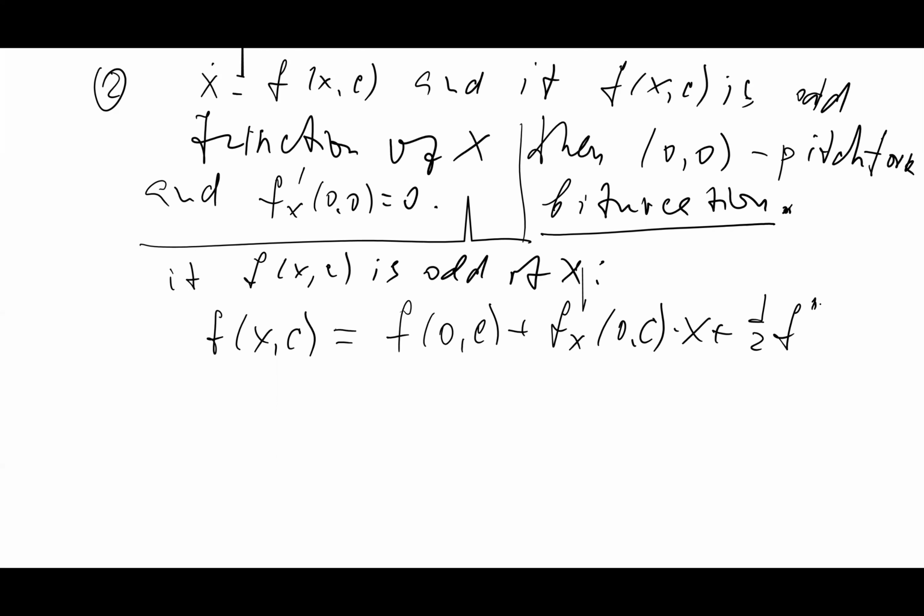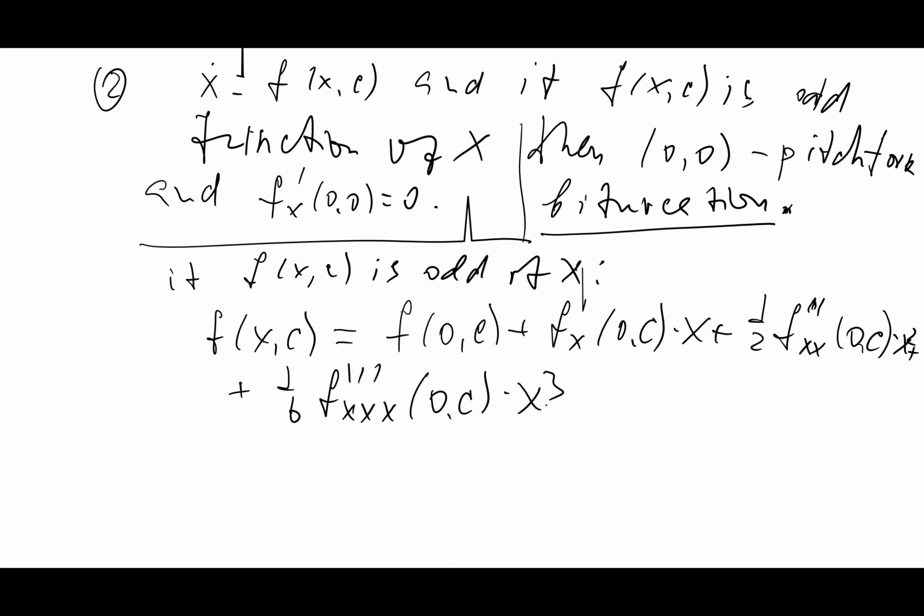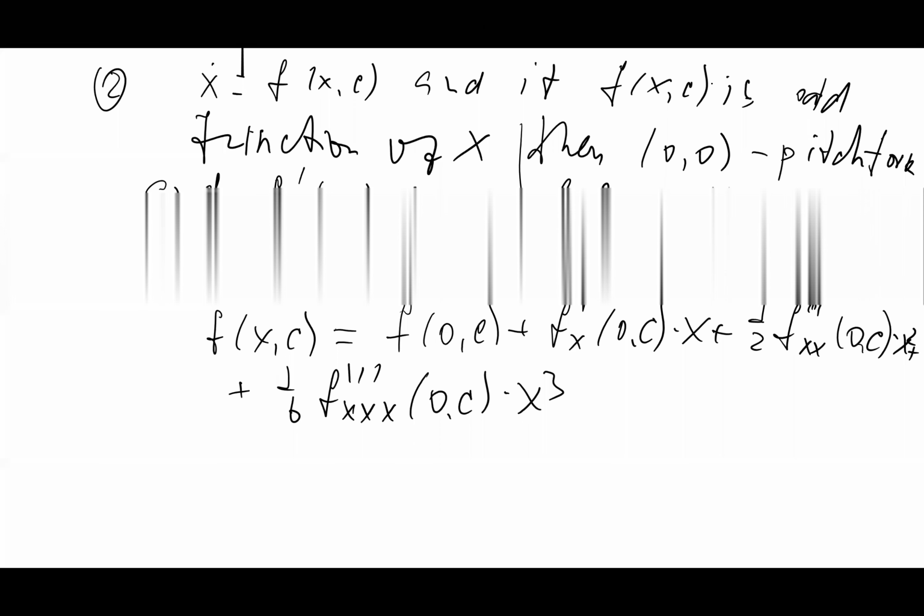So this is f at 0, c, plus the derivative of f over x at 0, c times x, plus half of the second derivative over x at 0, c times x squared, plus 1 over 6 the third derivative over x at 0, c times x cubed. And since f of x is an odd function with respect to x, the constant term and the x squared term should disappear.